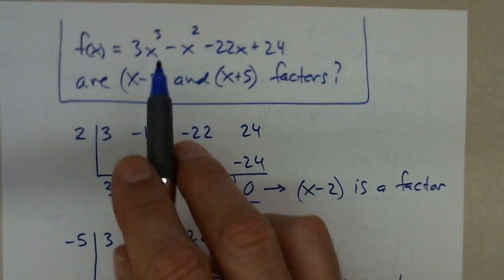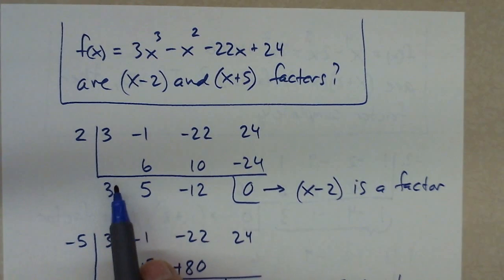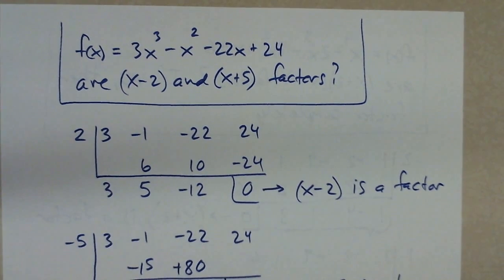If we start with a third degree and we divide with synthetic division once, we know we'll have a second degree.